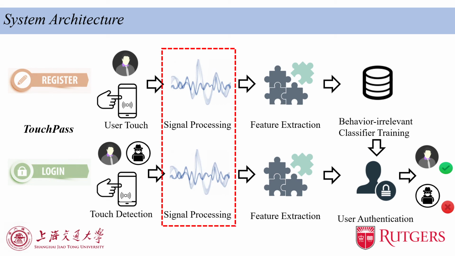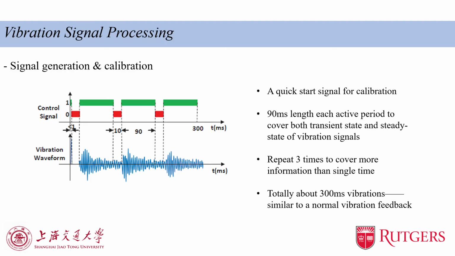First, we take a look at the signal processing part. We generate the vibration signal by turning on or off the vibration motor on the smartphone. Here we show our control signal and the corresponding collected vibration signal. Specifically, we create a quick start for signal calibration and turn off the motor for 10 milliseconds, then turn it on for 90 milliseconds.